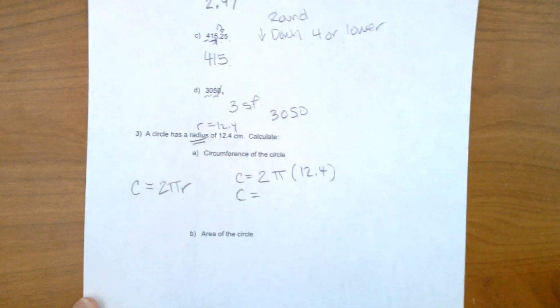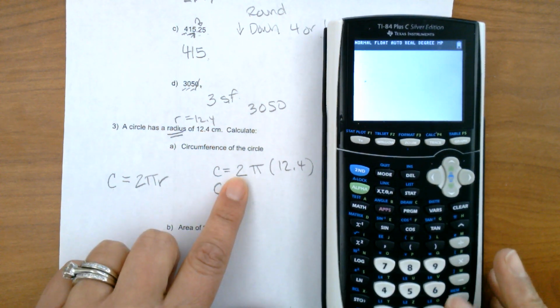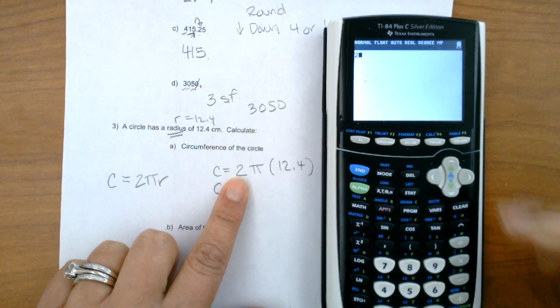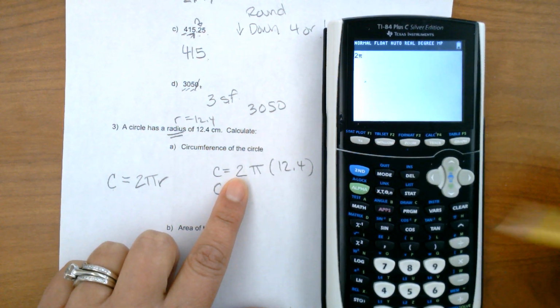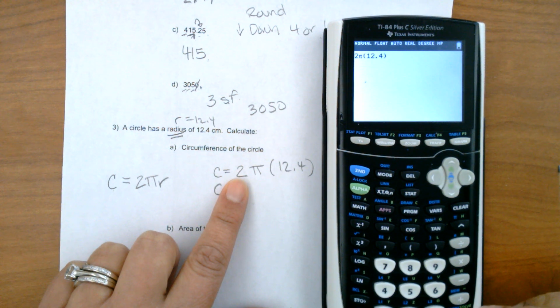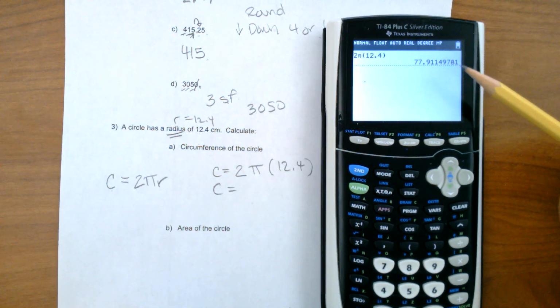Now in my calculator, I do want to use the pi button because it is more accurate. So I'm going to do 2, and then the pi button is right here, that blue pi. I'm going to press second and then the exponent button, and that gets me the pi, and then times 12.4. I just put that in parentheses. You could press the multiplication symbol. I am going to get 77.9111. So we have to round.